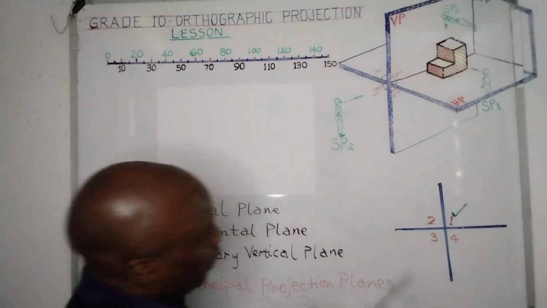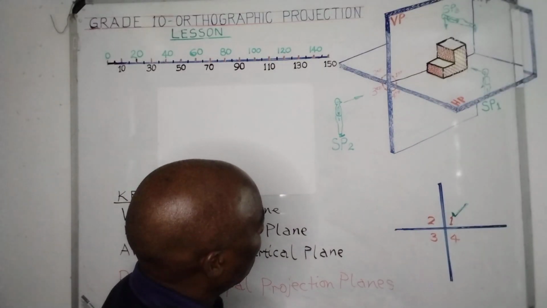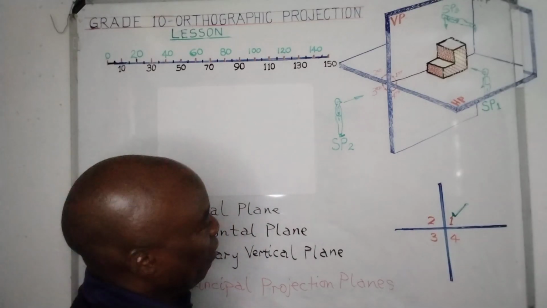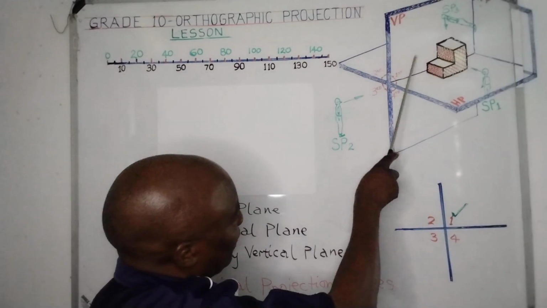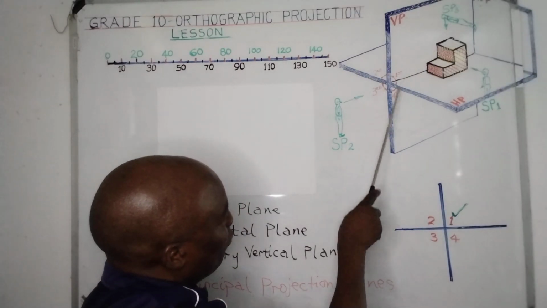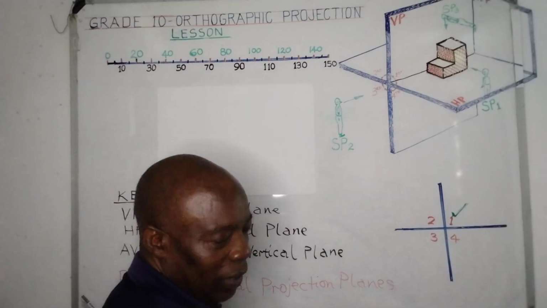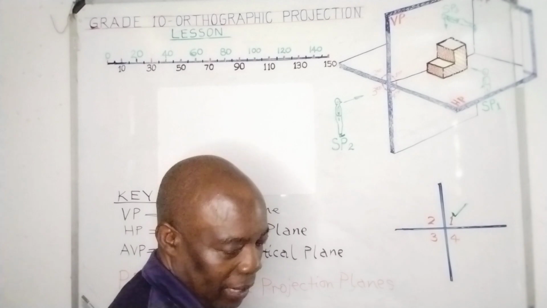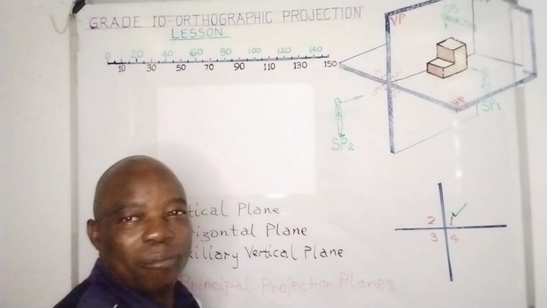And third angle is the one that is mostly used in industry and even in the teaching of engineering graphics and design. It is emphasized that especially mechanical drawing is all done in third angle orthographic projection. But for solid geometry, when we are dealing with solids and descriptive geometry, you'll be using first angle.